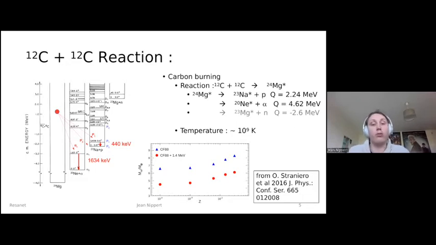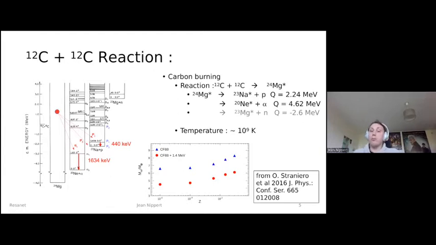For the sodium-23, the first excited state is 440 keV, and for the neon-20, it's 1634 keV.